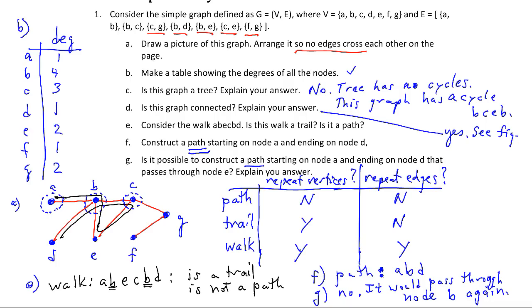The only way to get to E from A is to go through B, and I could get to E a couple different ways from B, but then the only way to get back to D would be to go back through B again, in which case we would repeat that vertex. Okay, so I hope this helps.